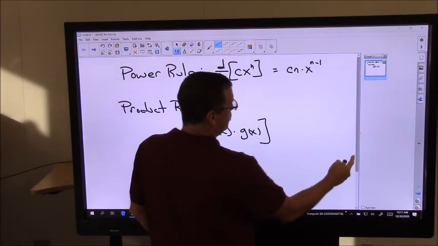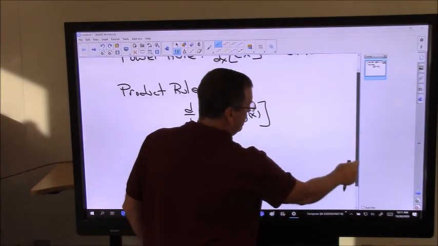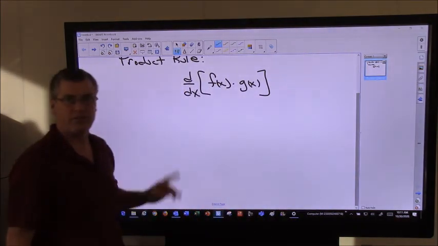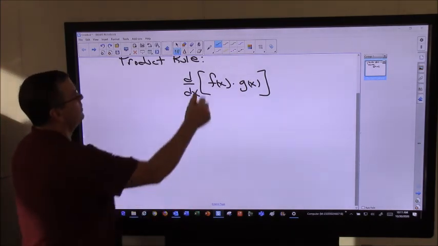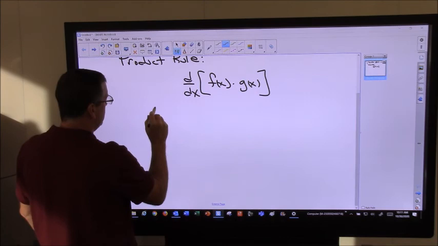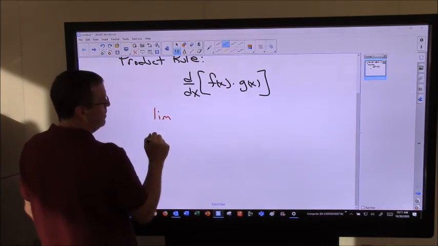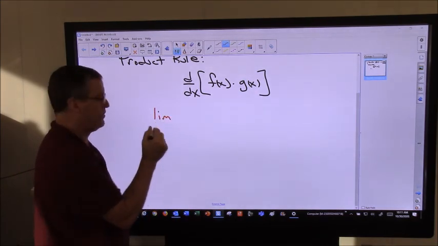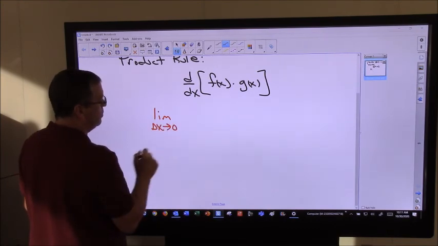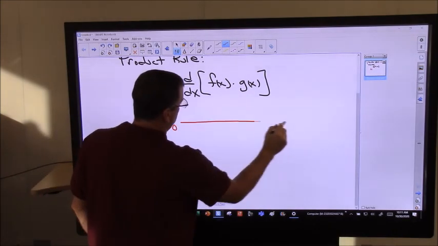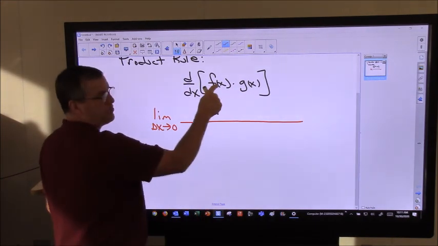Well, I need to go back to my definition of a derivative, because every time we do something new, that's what we start with. How do I develop a shortcut? Well, what I need to do is take the limit as, I'll go ahead and use delta x today, as delta x approaches 0 of f of x plus delta x.